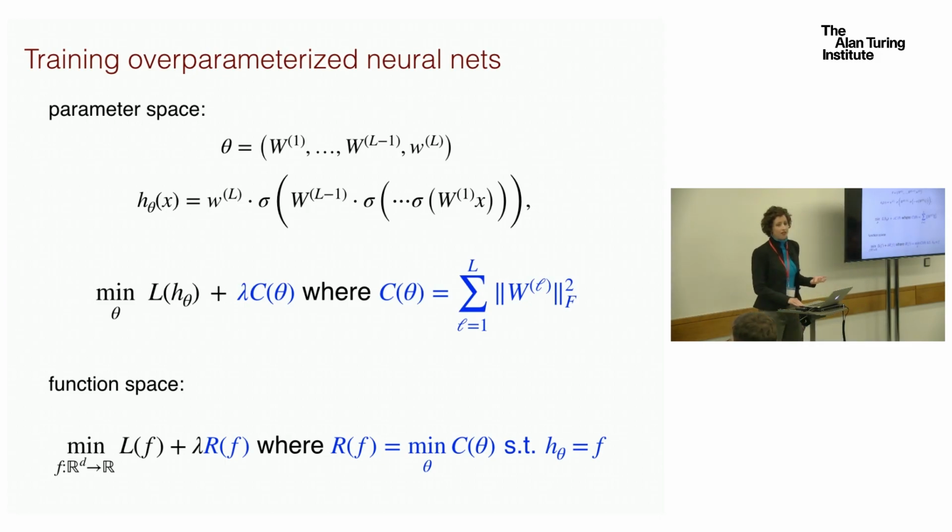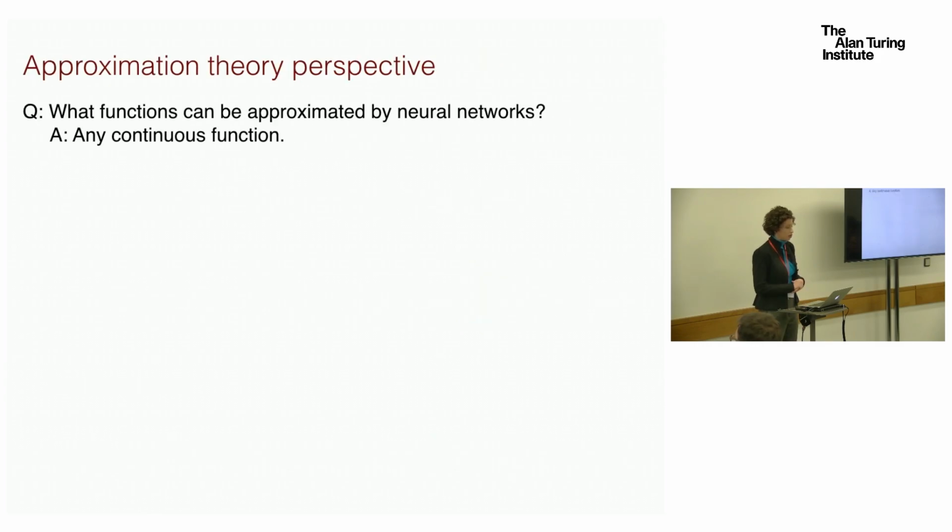Okay, so this obviously is not done in isolation, and people have thought about trying to understand different properties of networks for a long time. From an approximation theory perspective, there was some early work in trying to understand what functions can be approximated by neural networks, and of course they're universal approximators, so almost any continuous function can be approximated.